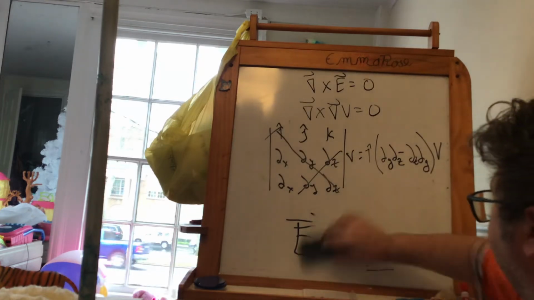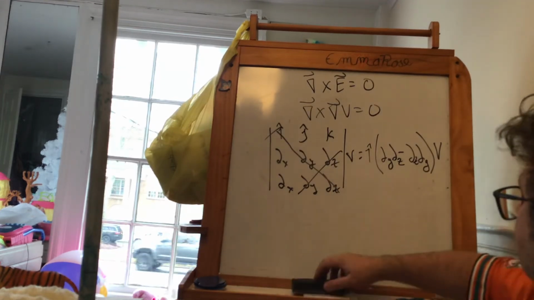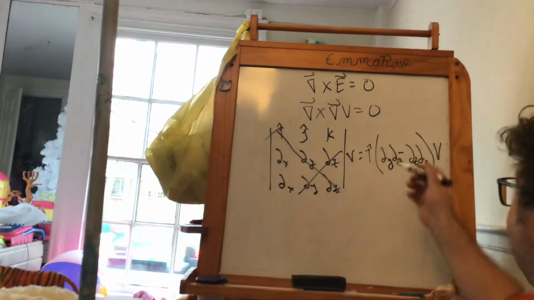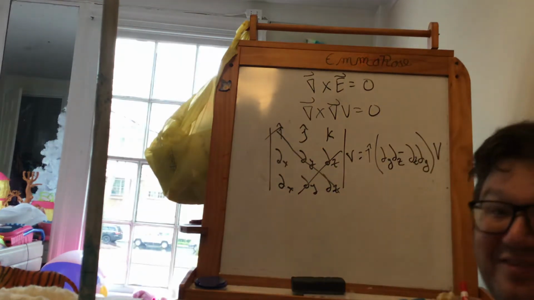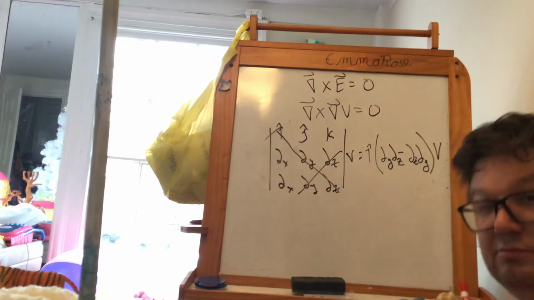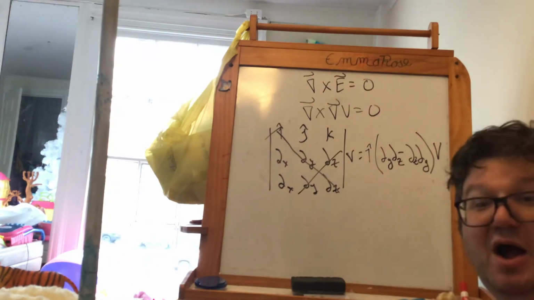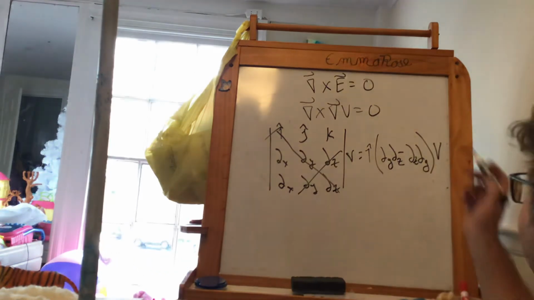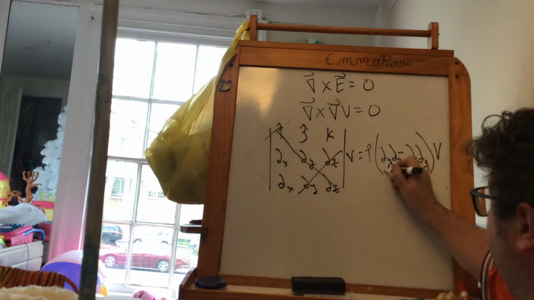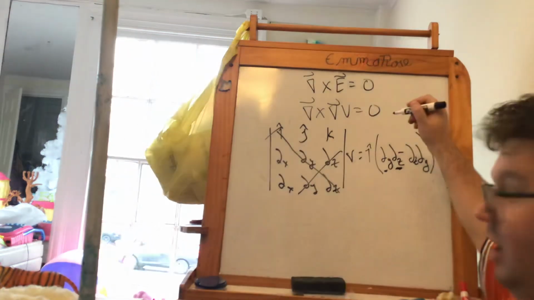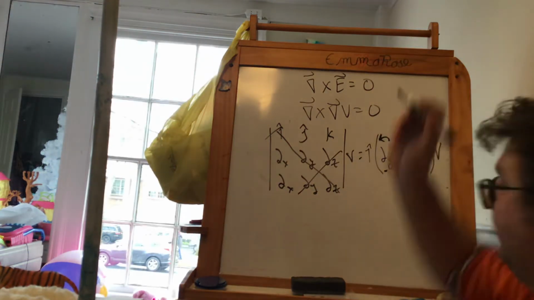Okay. How do partials work? Well, when I take the partial of something with respect to y, I hold the z constant, right? I hold the x constant as well. The only thing I don't hold constant is the y, which I take the partial of. So this term here, according to that, is a constant. And if I have a constant, I can just pull it out of the derivative.